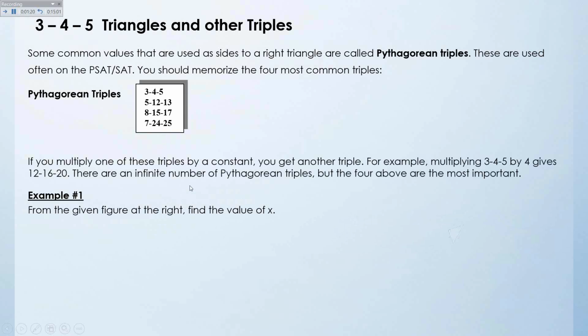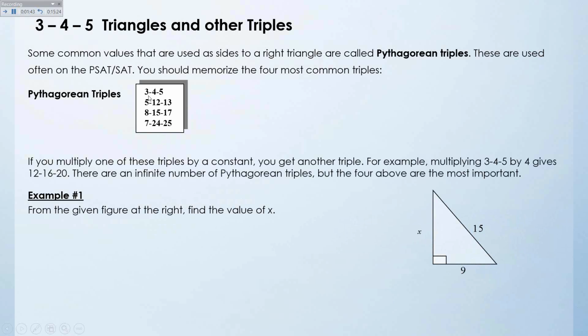All right, so let's look at a triangle here. All we know is that it's a right triangle. We have one side that's 9, another side that's 15. They want to know x. When you see numbers, the first thing you want to say to yourselves is, is this a multiple of one of my Pythagorean triples?